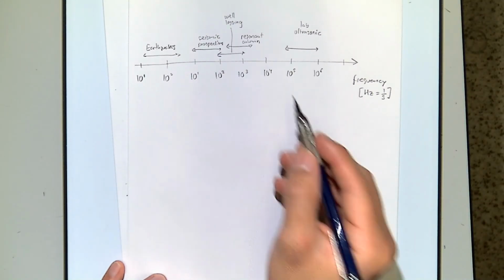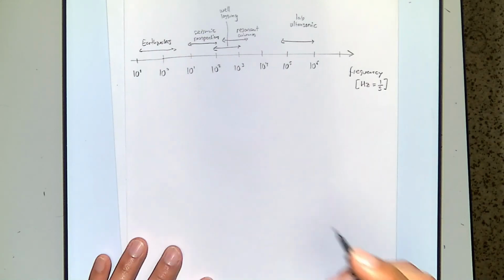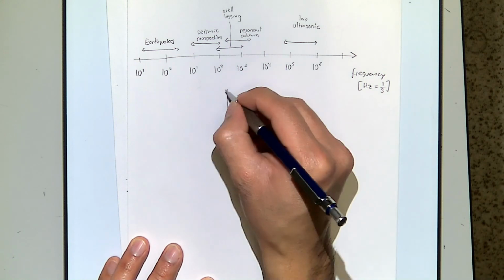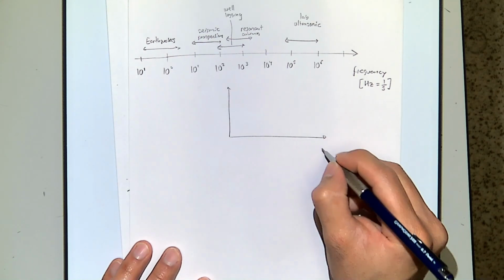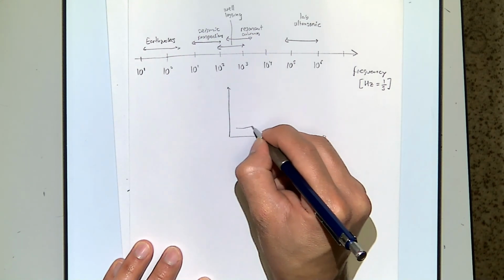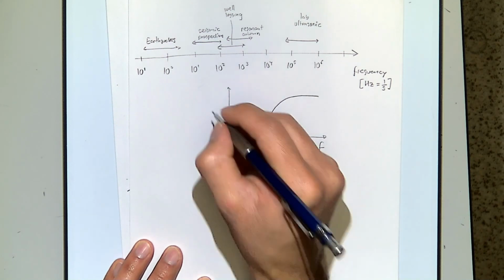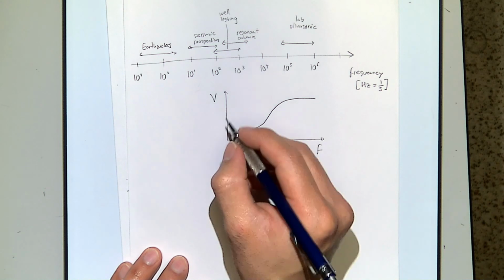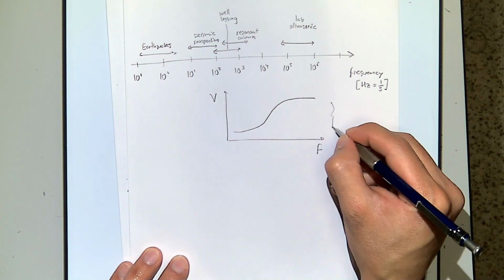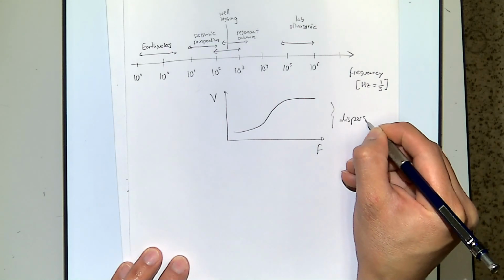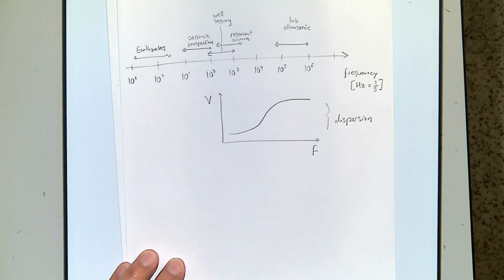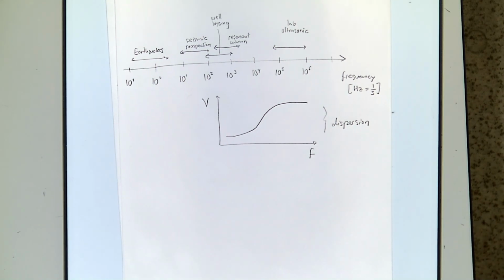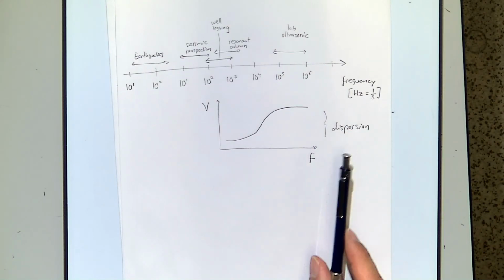To establish a relationship between them, and ignoring plastic strains for now, what is usually seen is that the higher the frequency, the higher the velocity. This phenomenon, where velocity depends on frequency, is called dispersion, and knowing that dispersion curve can help you establish a relationship between these two.